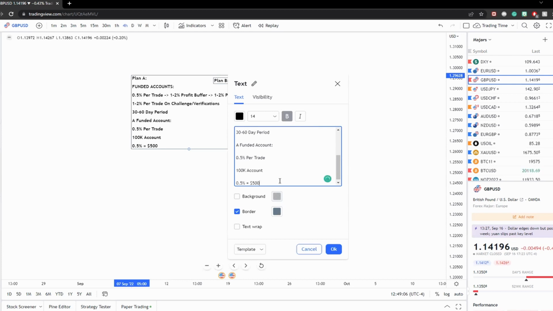As the account scales higher, I preferably don't want you to up that. So let's say you're at 101K, you're not going to be trading 505 or 550. You're just going to keep it at $500.